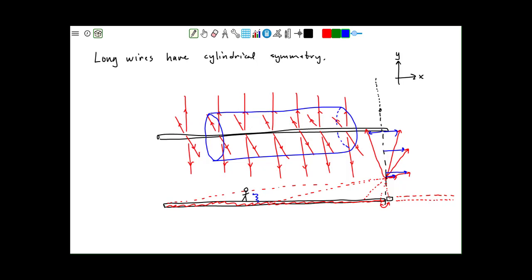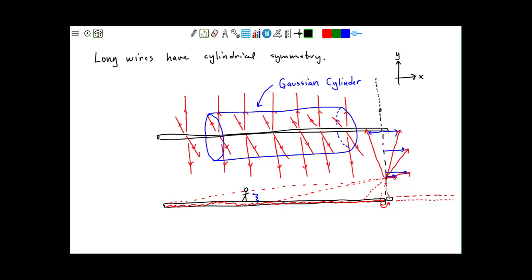And we could see that cylindrical symmetry by drawing a Gaussian cylinder about that line of charge. The electric field at every point on that Gaussian cylinder looks exactly the same as every other point.